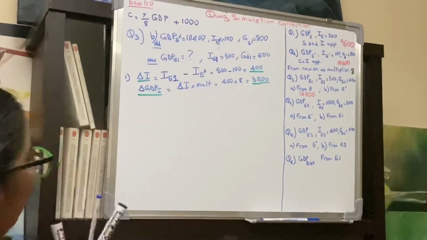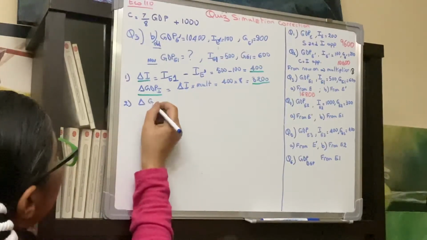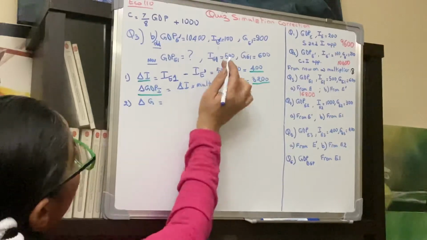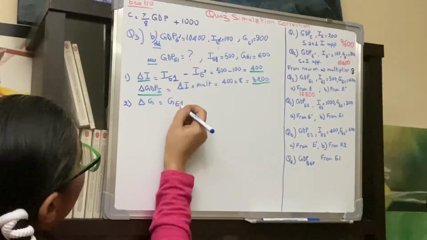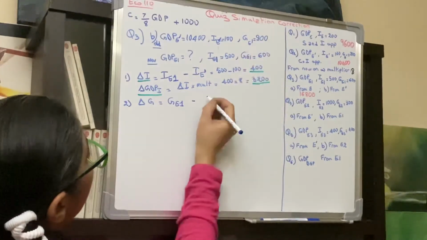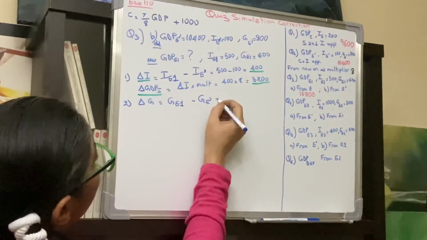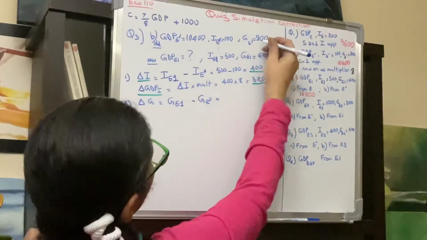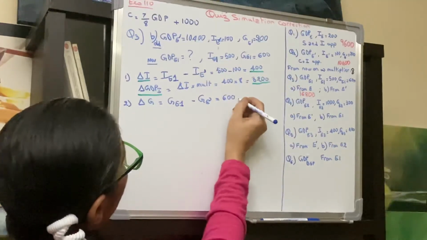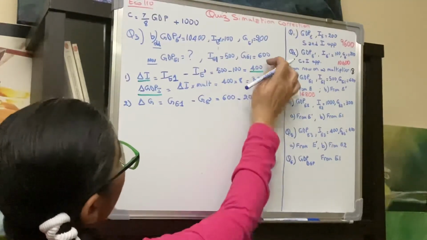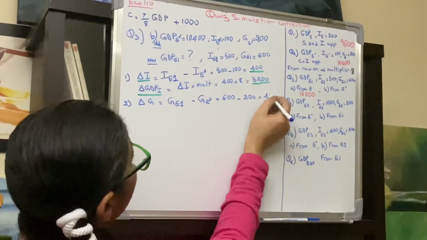Let me move to delta G. So delta G is equal to GE1 minus GE prime, which is equal to 600 minus 200, the new minus the old, which is equal to 400 again.